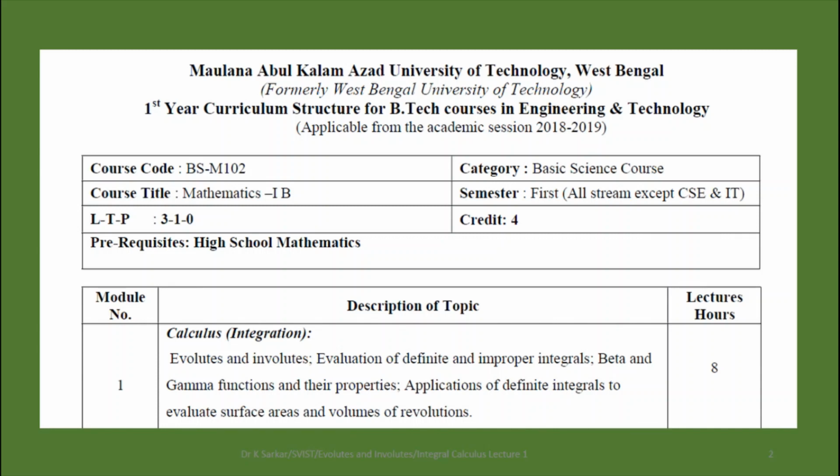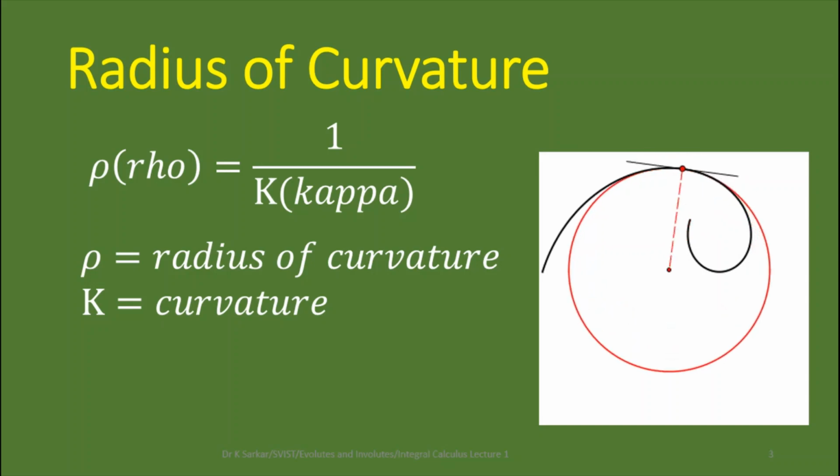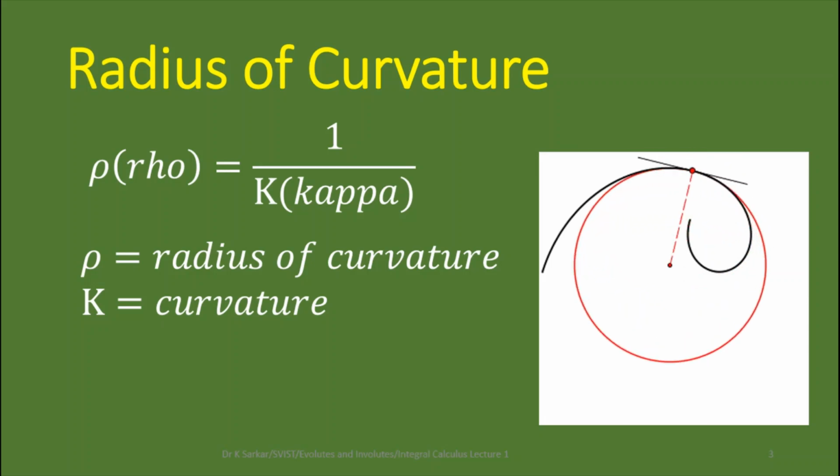From evolutes and involutes, I am going to discuss radius of curvature. Radius of curvature is denoted as rho, which is equal to 1 by kappa. Kappa is the curvature. What is curvature? The curvature is the measurement of a curve, how much it curves at a point.